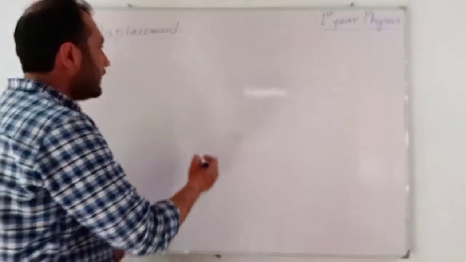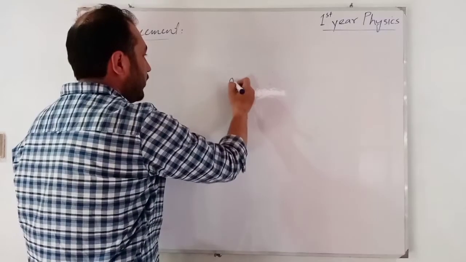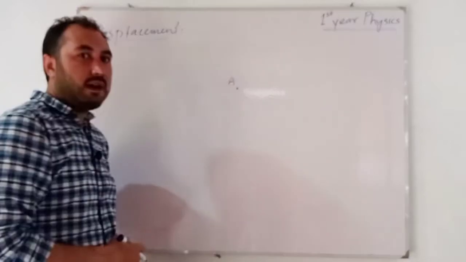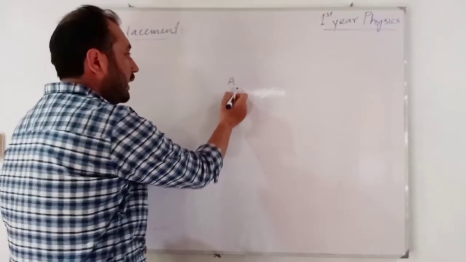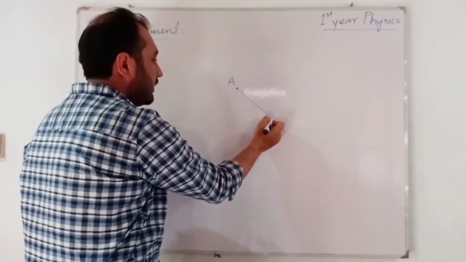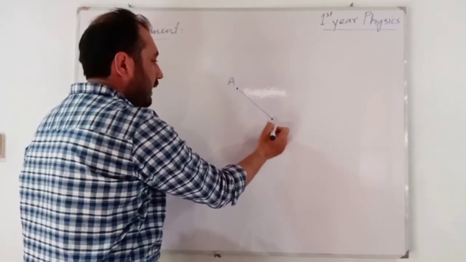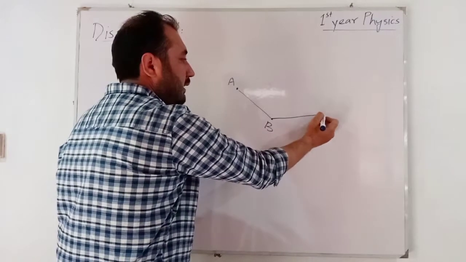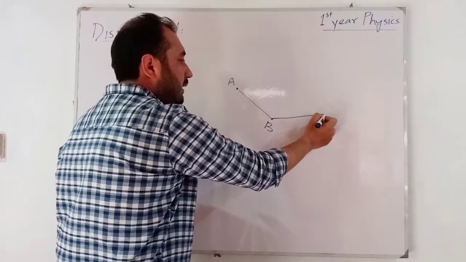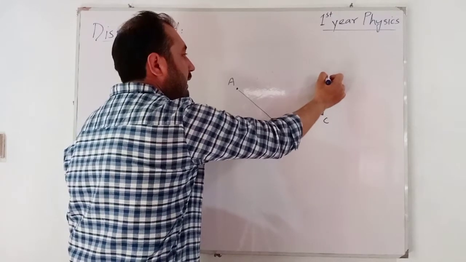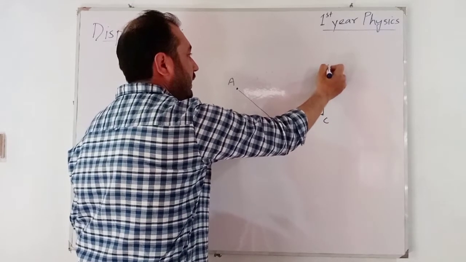Let us say we have a point A and an object starts moving from this point, and after some time it reaches another point B, and then another point C. From C, finally, it reaches point D.